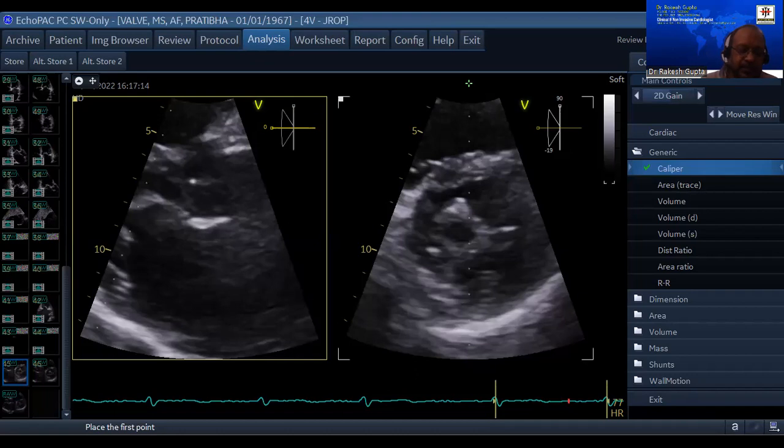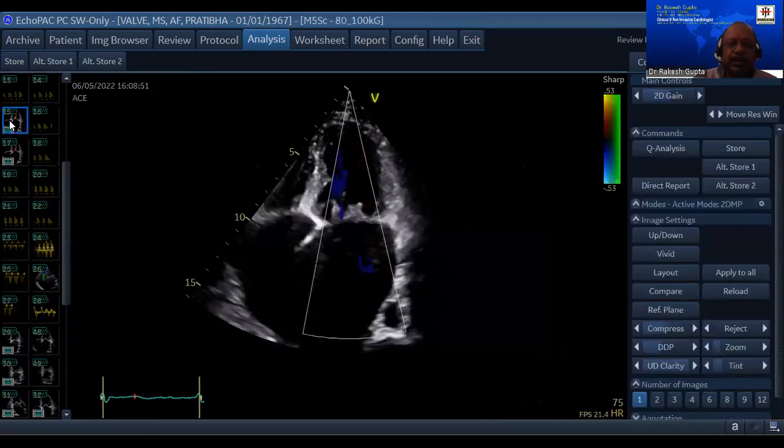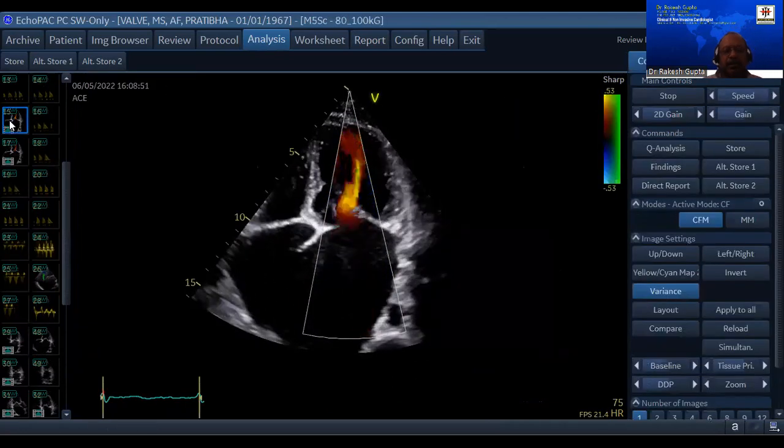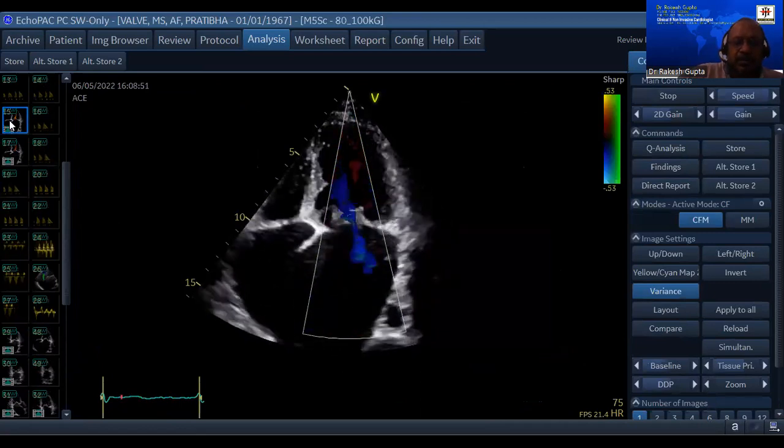What else? Then a mosaic color pattern. He now says mosaic color pattern, where? At the level of stenosis. In which view? In apical four chamber. All right, good. He says we'll see a mosaic color pattern in apical four chamber. So can you see the mosaic pattern? Yes, sir.